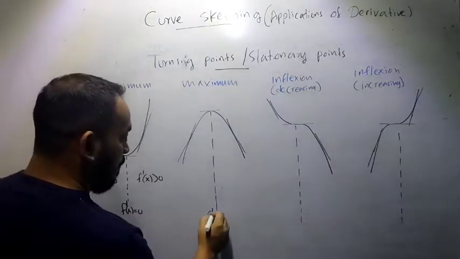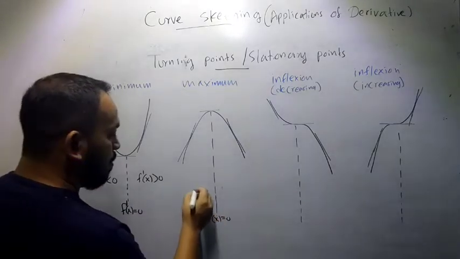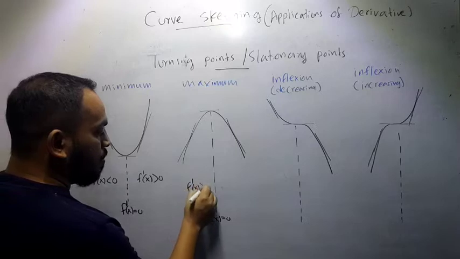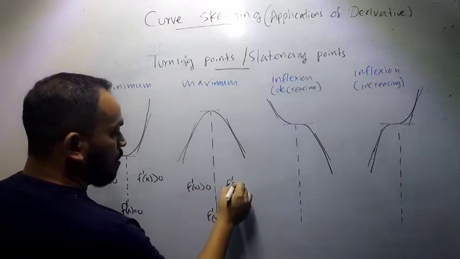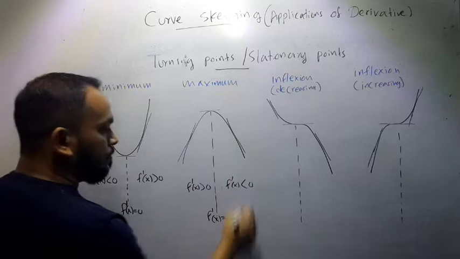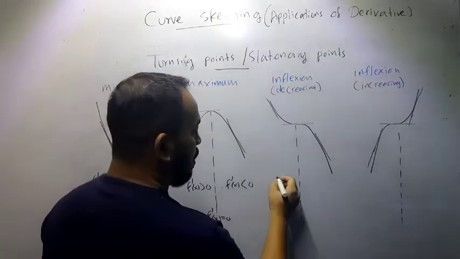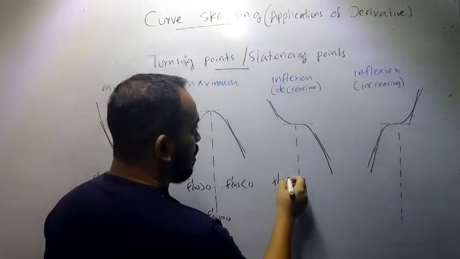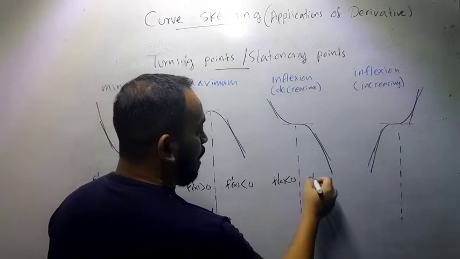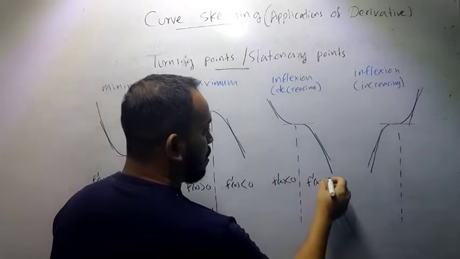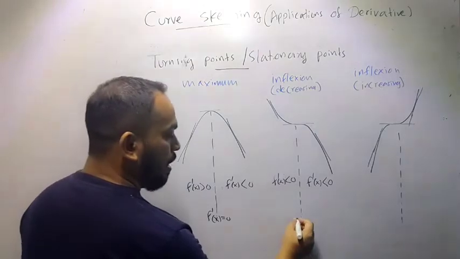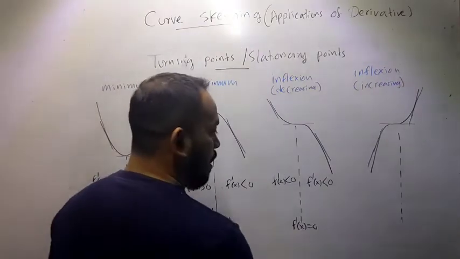So here, f dash of x is 0. Then f dash of x is positive, f dash of x is negative. Here f dash of x is negative, and the sign does not change, same sign, but at the point the value is 0.